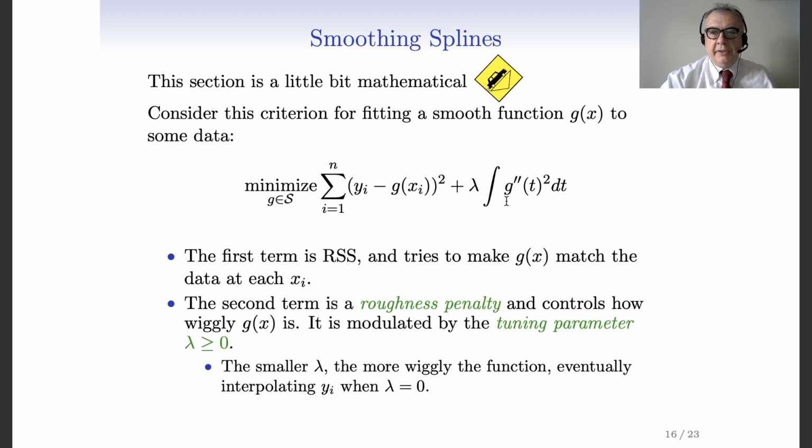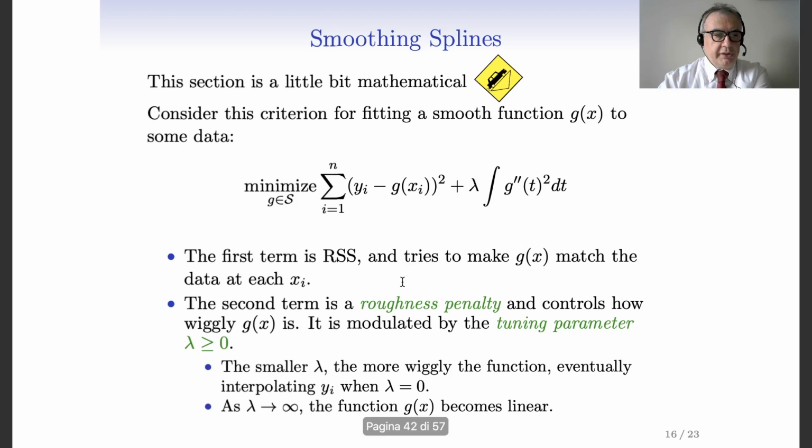Extreme one, that you are fitting the data at the cost of having something which is very wiggly, very oscillating, and the other extreme is that when you push lambda to very large values, then you will have a regression function that is more and more similar to a linear regression.